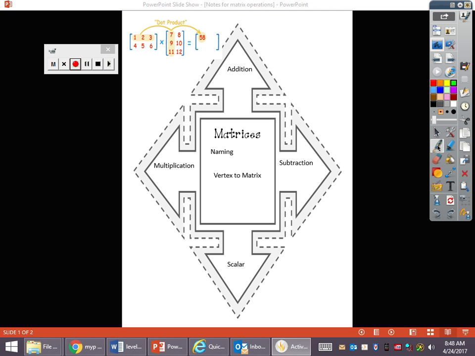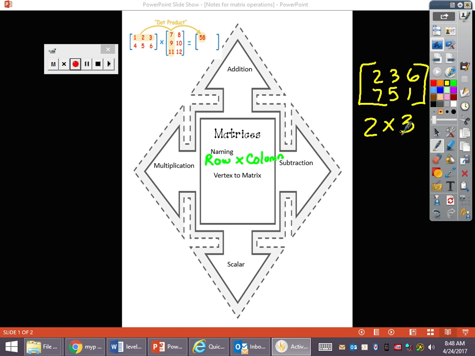That's how I remember RC Cola. It is row by column. Row by column. So let me give you an example. How many rows does this have? 2. How many columns? So this is a 2 by 3. Please make sure you write down the example.